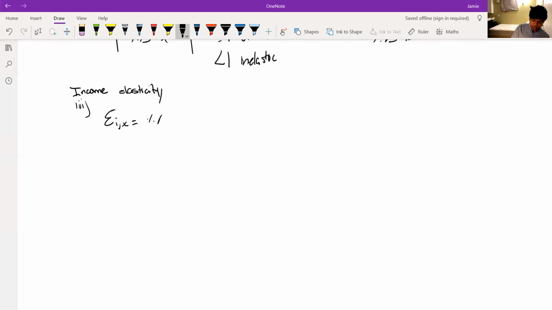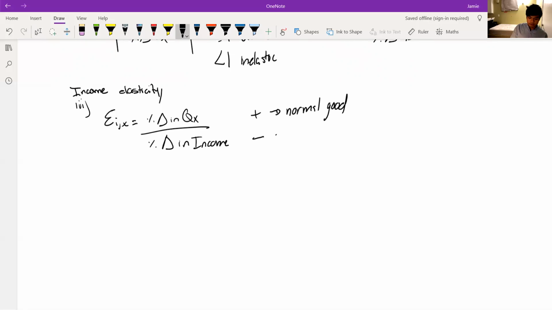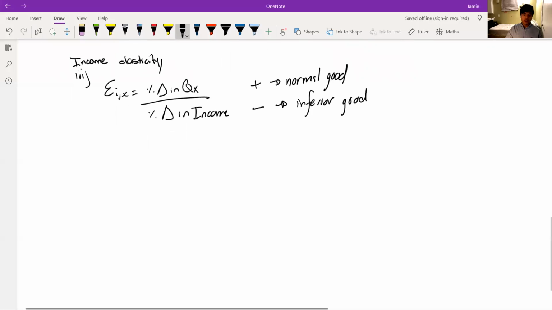So that is percent change in Q of X over percent change in income. If it's positive, it's a normal good. So when your income rises, you buy more of it. If it is negative, it is an inferior good, maybe like instant ramen. So when your income rises, you buy less of it. Kind of sad.